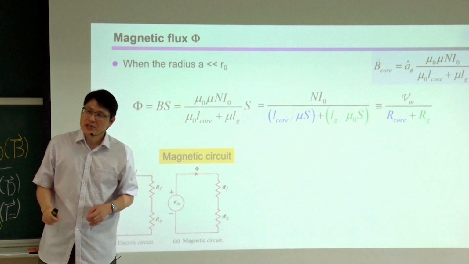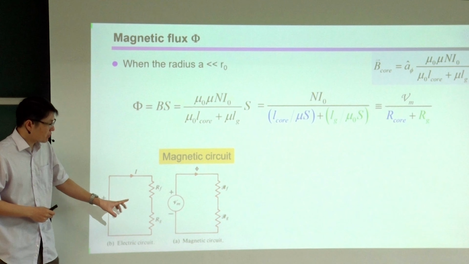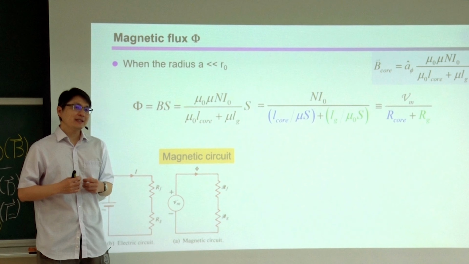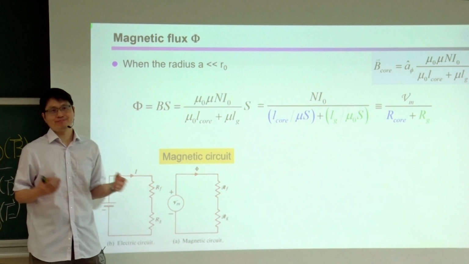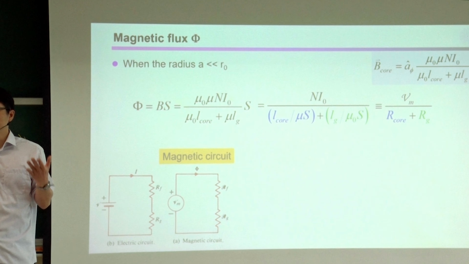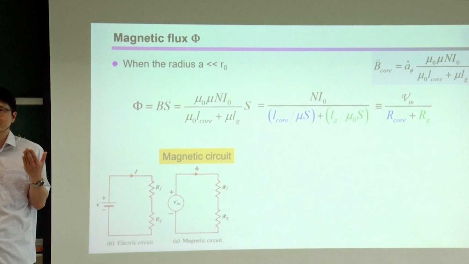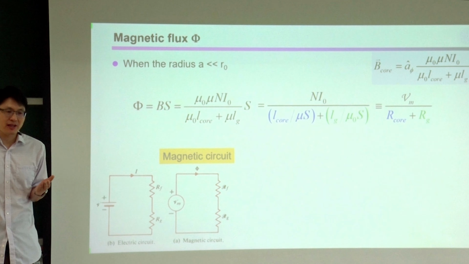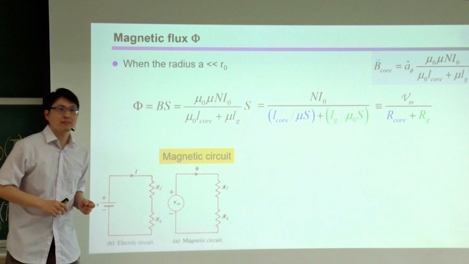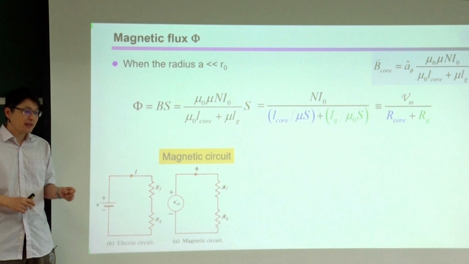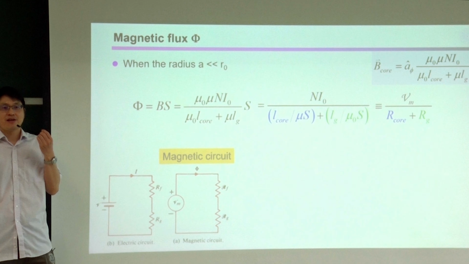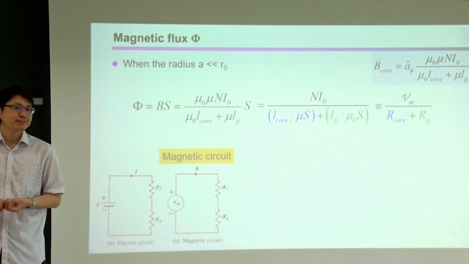For a magnetic circuitry, the quantity that is shared is phi, the number of field lines. They share the same number of magnetic field lines, which connect these two materials. In comparison to electric circuitry, current is the quantity that they share.